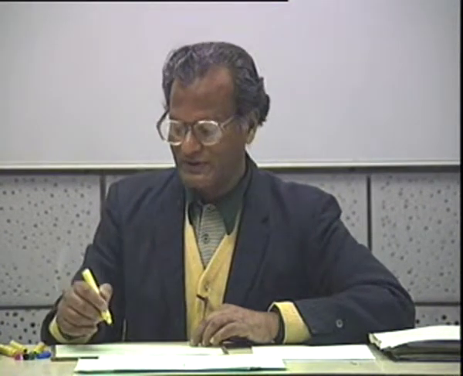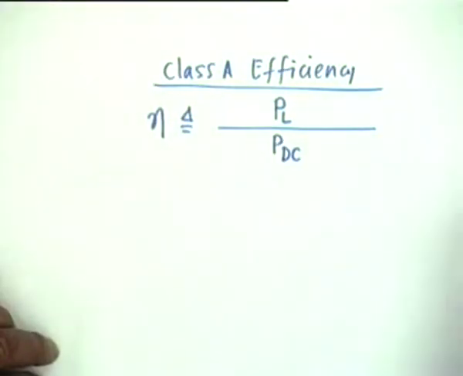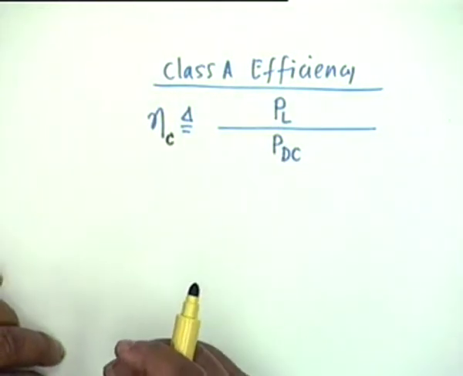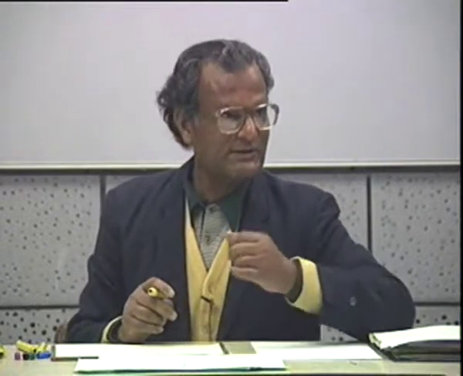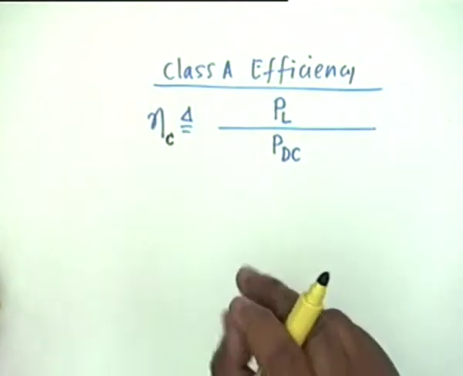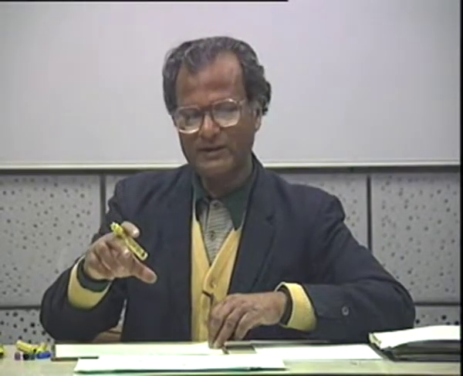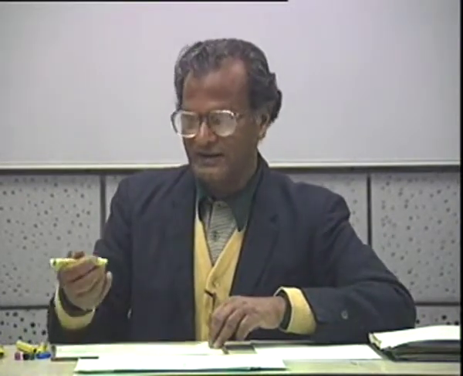If you want to emphasize that the power is being dissipated only at the collector, then one sometimes uses the symbol eta C and calls it collector efficiency, which means that the actual power efficiency of the amplifier would be less than the collector efficiency, because in collector efficiency you are only taking care of collector dissipation, you are not taking care of the other transistors, the current mirror transistors, for example. Okay.